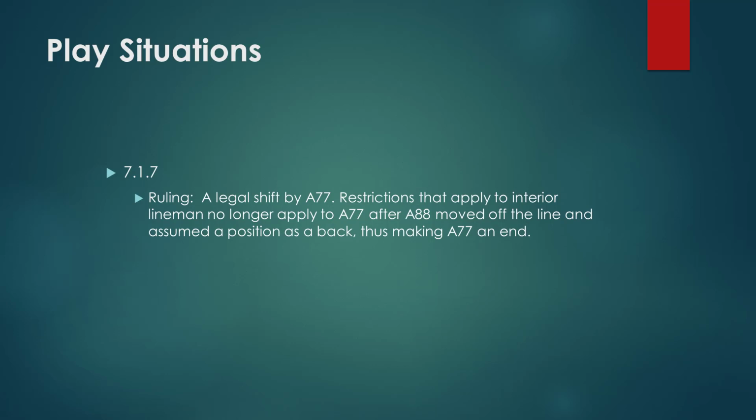If he is an interior lineman and he picks that hand up to shift, we're going to have a false start. If we move off and shift properly, like A88 does in this play, then A77 can now shift, since he is the furthest outside person, the end on his end of the line of scrimmage. So important distinction to make. Make sure we check out those aspects of the rule.